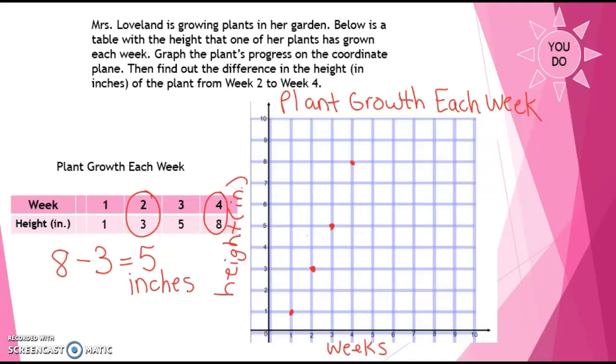Now I want to remind you one last time, because you didn't necessarily have a vertical or horizontal practice problem to find the difference. So I'm going to plot one more point on here. I'm going to plot a point right here.